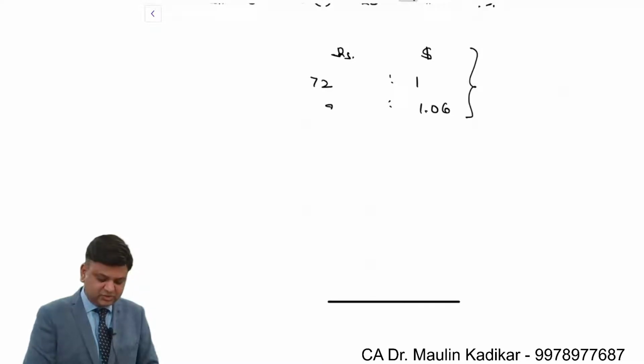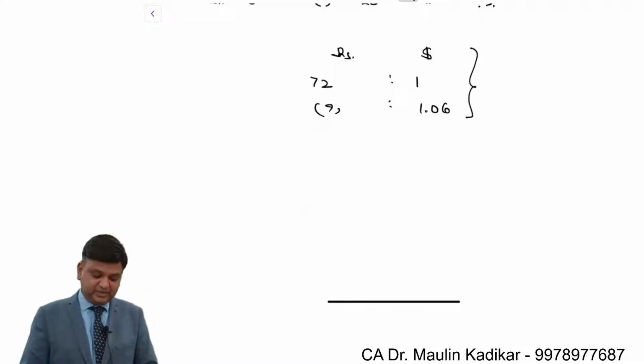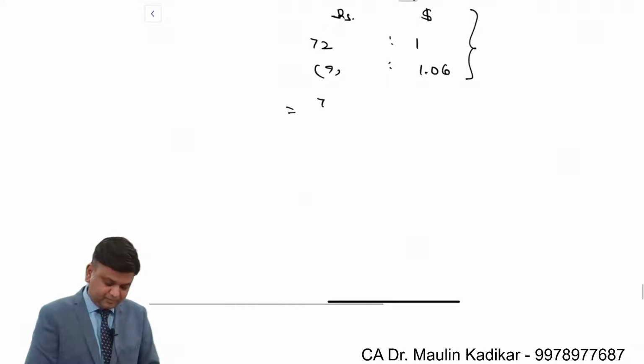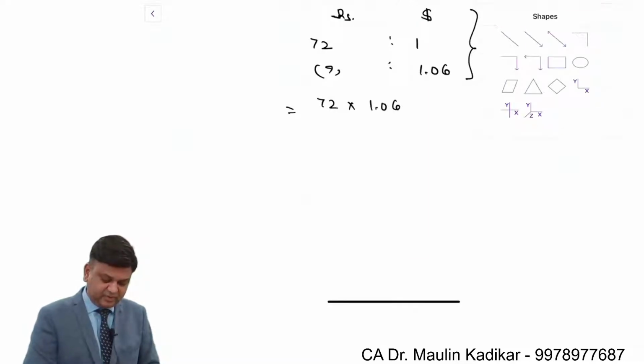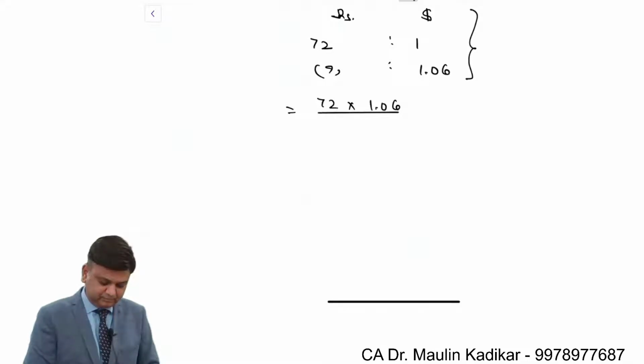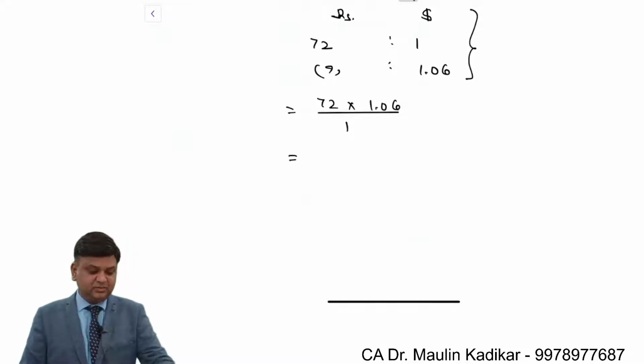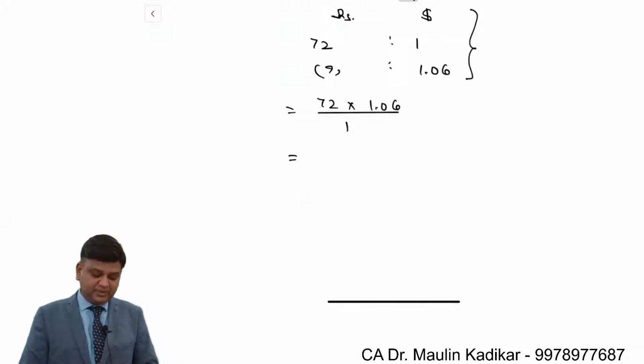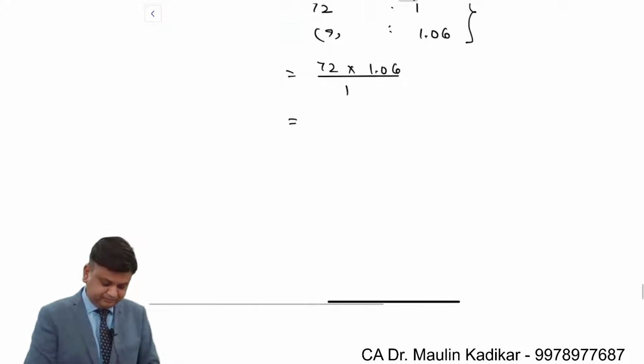So for $1.06, you will get this amount of rupees. So 72 into 1.06 divided by 1. This is the amount that you are going to receive. That comes to rupees 76.32.